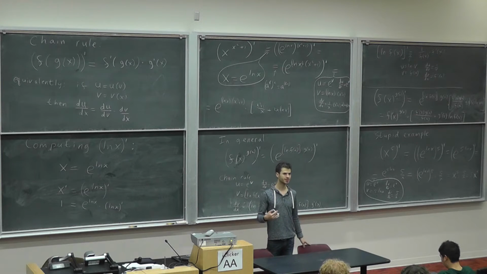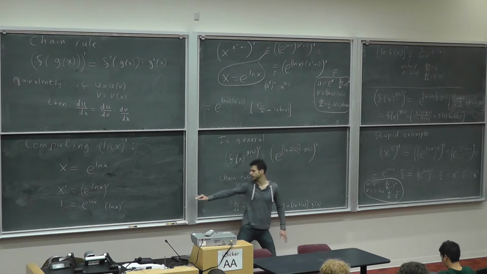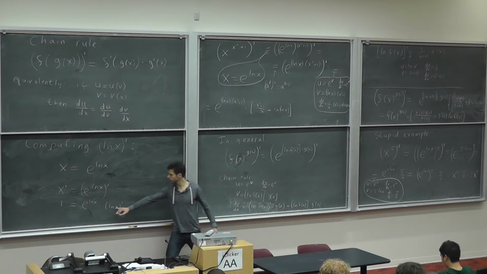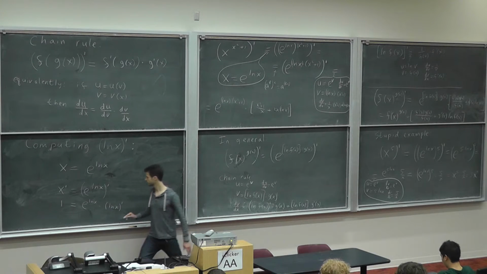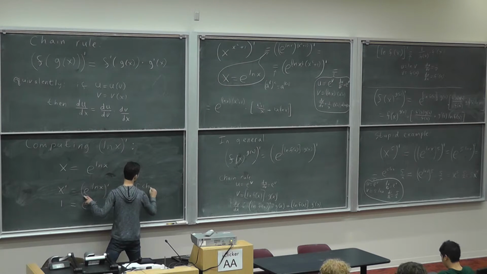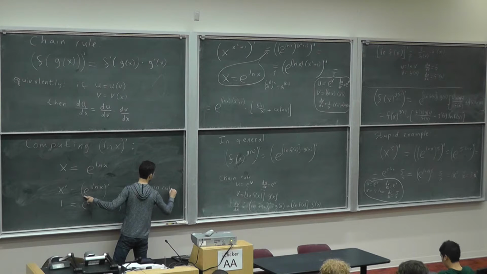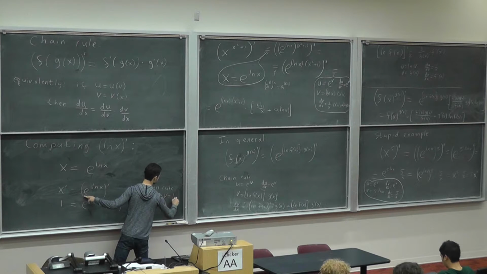And in a way, up to this point you just have to believe me that somehow I'm sure the derivative of ln of x is 1 over x. Now you don't have to believe me. I just apply the chain rule, and here's the derivative of ln of x. So here I apply the chain rule in the form u was e to the power v, v was ln of x.